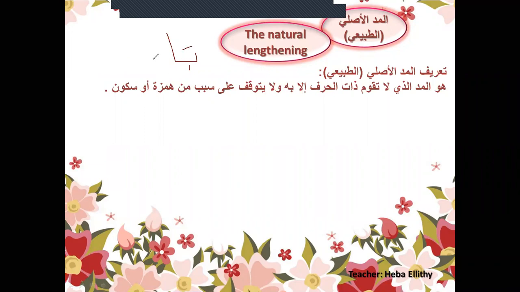It will be half an alif, shorter than an alif somehow. So this mad letter will never happen if I don't give it the right length. This is the first point.